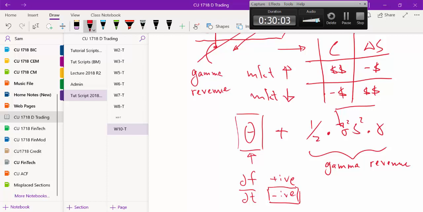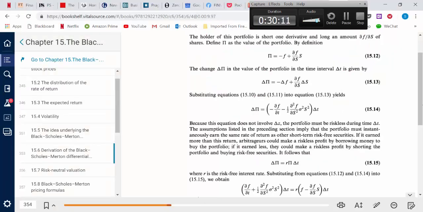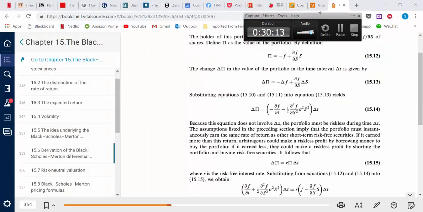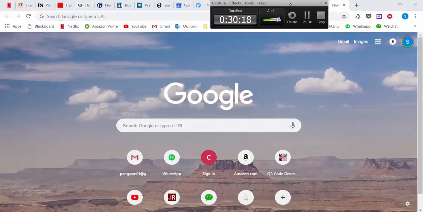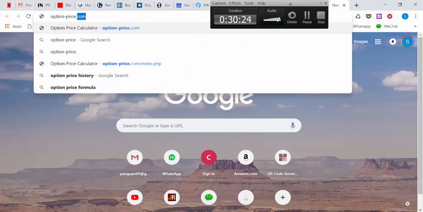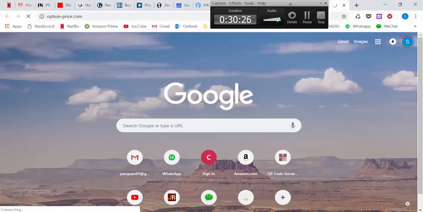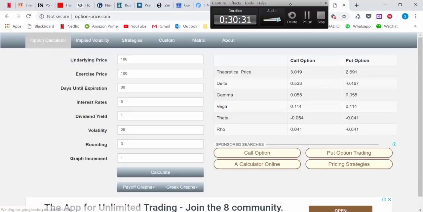So that is why, if you just go to our old friend, you know who our old friend is, optionprice.com, and you price any kind of option, you see that the theta value is minus 0.054 for a call or minus 0.041 for a put.